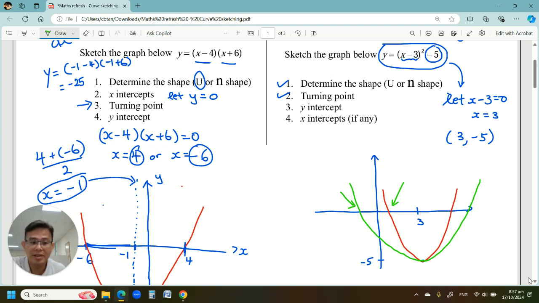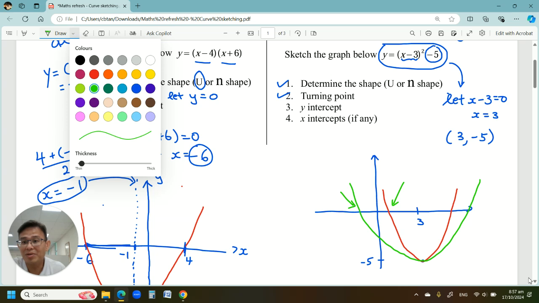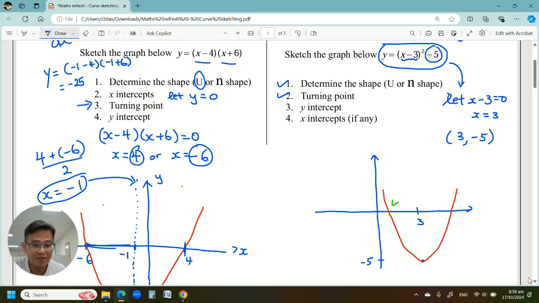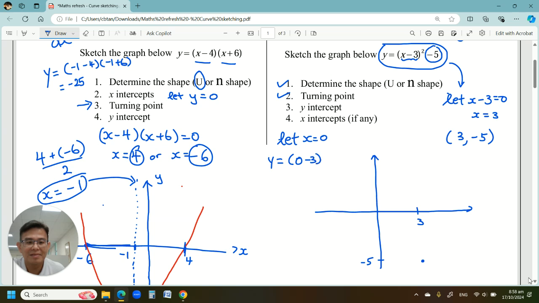So what you need to do is you need to find step number 3. Okay, so we are going to go to step number 3 now. So let me just erase these two graphs and check for ourselves. So the y-intercept means we let x be 0. Okay, so we get 9 minus 5.